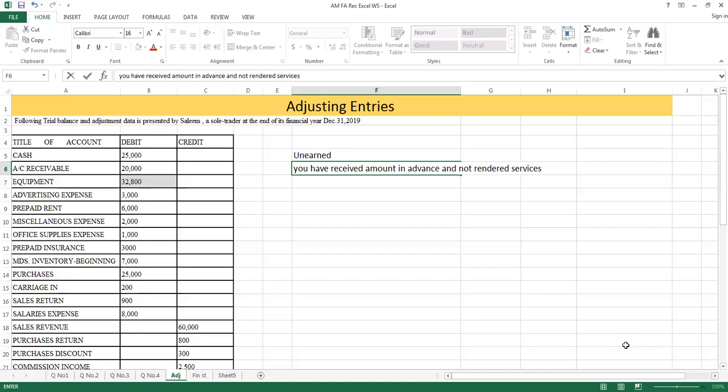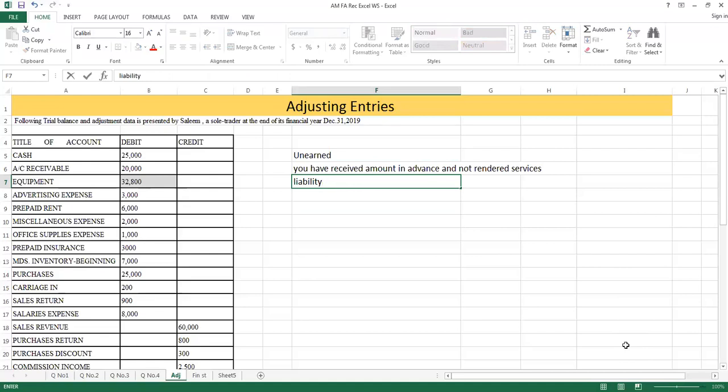If you carefully check, this language itself is showing that you are receiving amount in advance from your clients, from your customers, and you did not provide your services. So you can think what nature of account we should use for this one. Yes, you are right. It should be taken as liability.